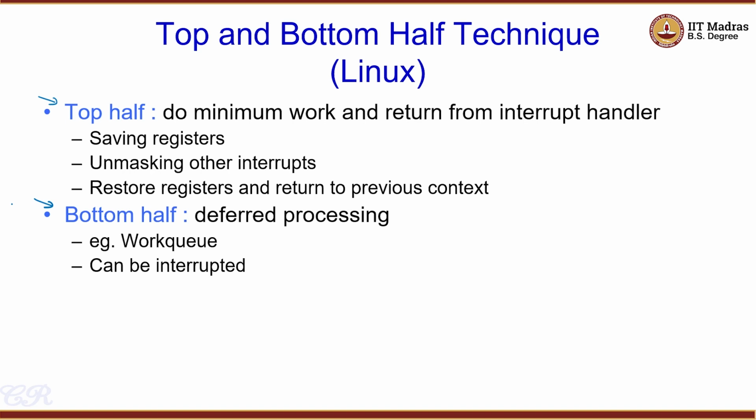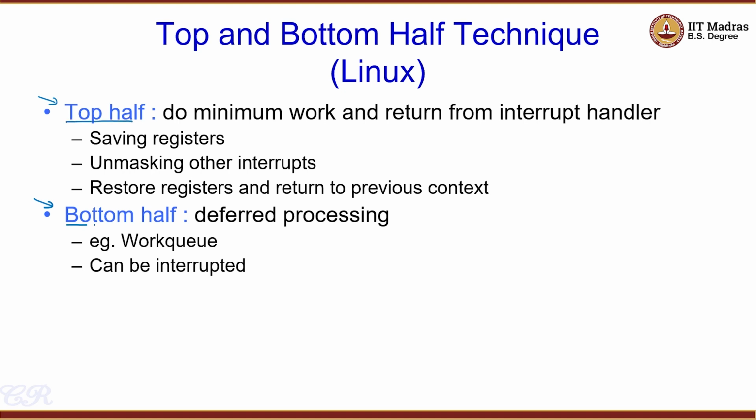The interrupt occurs, the CPU detects the interrupt, it identifies the device, and there is a small piece of code which communicates with the device and does just the bare minimum required to service that interrupt. For instance, it would save registers, unmask other interrupts, restore some registers, and return to the previous context, right. The bare minimum amount of work is done in the top half.